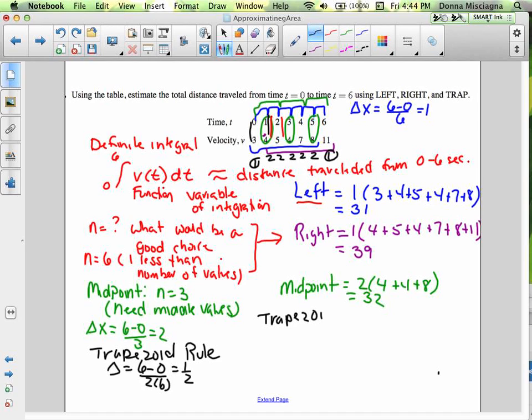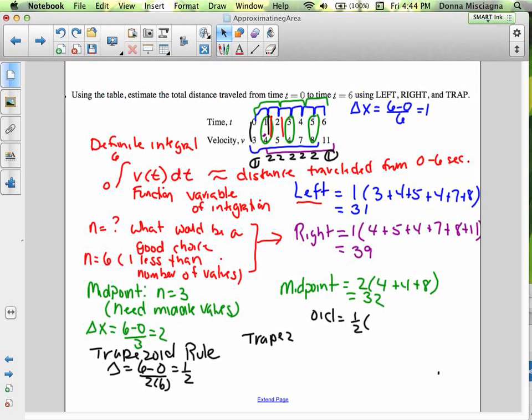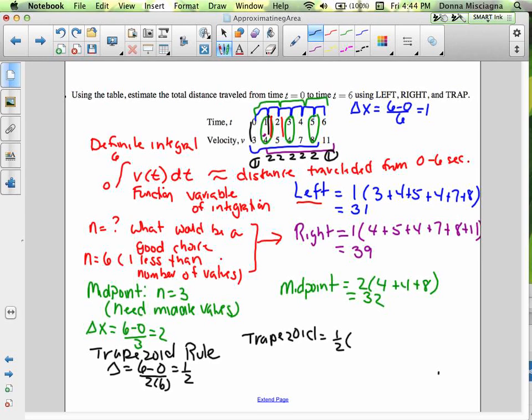So the trapezoid would be 1/2 times, actually I need to move that over a little bit, make sure I've got space for all these values. So the first value gets used once, and then every other value except for the last gets used twice.